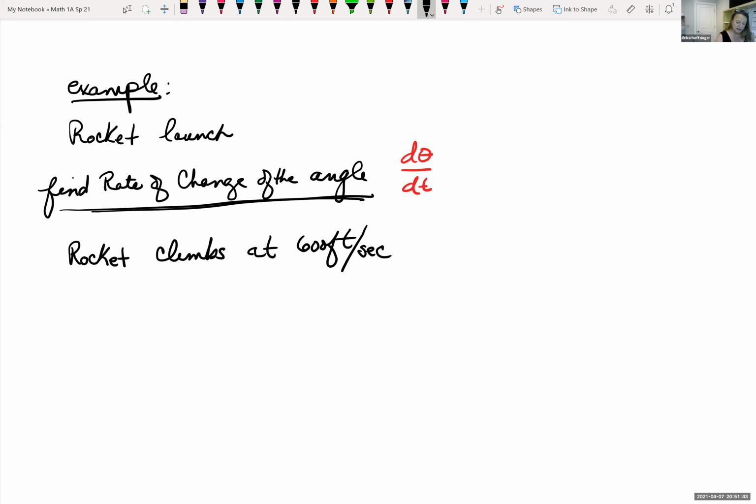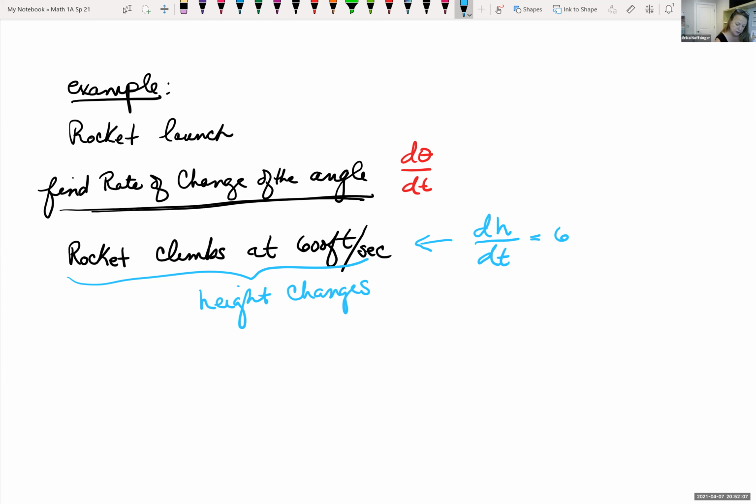Okay, so this is a rate of change. We can think of this as our height, so our height is changing. So rate of change, it's a derivative. So dh/dt here, we know is equal to 600 feet per second.